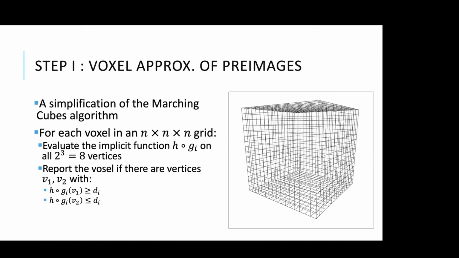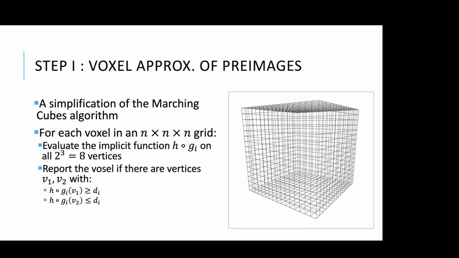Each dimension we split to n lines and voxels, and for each voxel and for each vertex of the voxel, we compute the distance function, right? So we say if we place the robot at that point, then rotate and translate, and then measure the distance, what would we get? And we do that for each voxel.